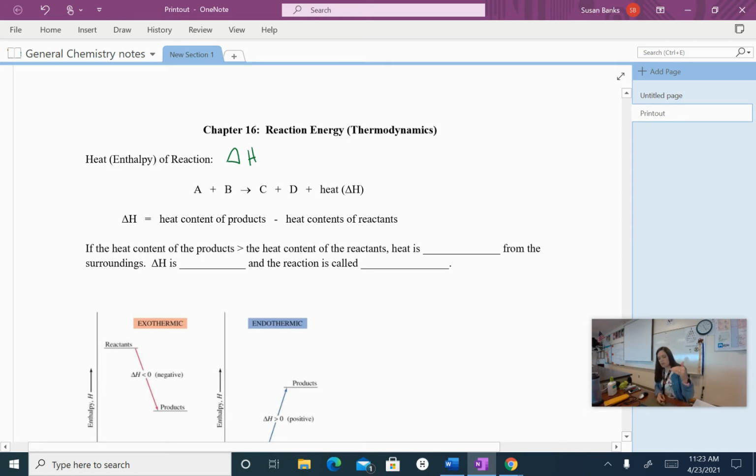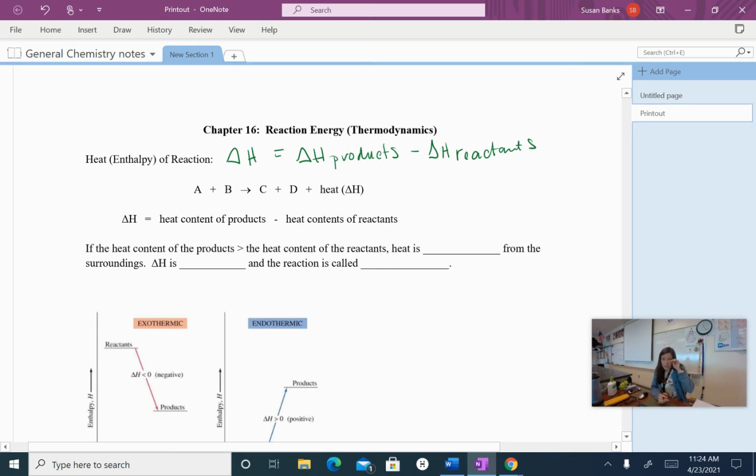How much heat did we start with compared to how much heat we ended with? So it's the sum of what we ended with, so the products, minus the reactants.